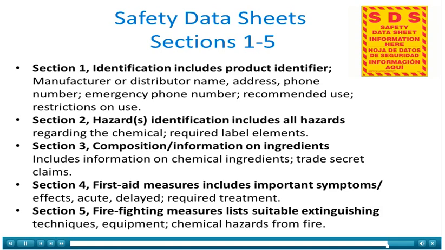Section 3, composition information on ingredients, includes information on chemical ingredients. Trade secret claims. Section 4, first aid measures includes important symptoms, effects, acute, delayed. Required treatment. Section 5, firefighting measures lists suitable extinguishing. This information should be helpful to those that need to get information quickly.